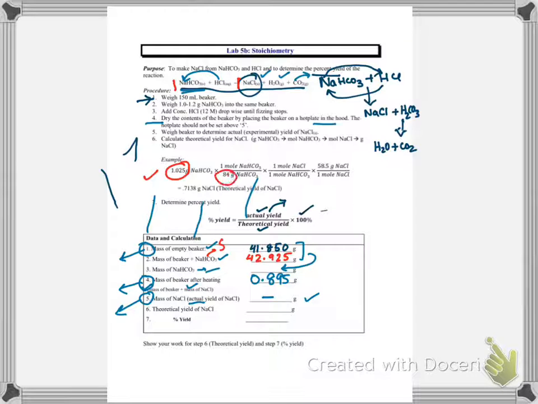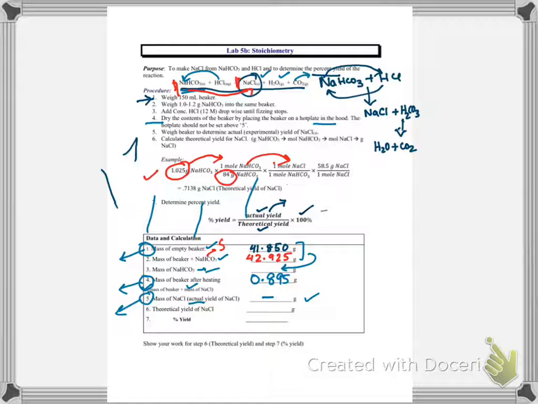Then using the molar mass of sodium bicarbonate, you convert grams of sodium bicarbonate to moles of sodium bicarbonate by dividing by the molar mass, 84. And then once you have moles of sodium bicarbonate, you can go to moles of NaCl by using this stoichiometry, which is 1:1. Now we are at the moles of NaCl.